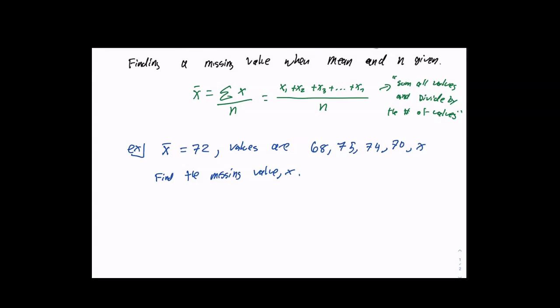So if I were to find the mean of just these 4 values, I get a number that's less than 72. Okay? What does that tell you about x? If the average of these 4 numbers is less than 72, what does that tell you about x before we do any actual calculations?